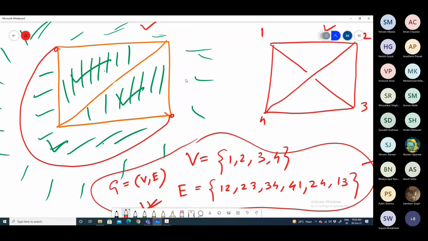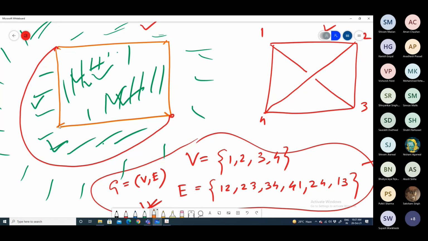Now you can delete any one of the edges. See, if you remove, for example, this edge, then you are combining this region with this region. So now faces will be one less. Similarly, if you delete this edge, then again the number of faces will be 3, because you are combining this region with this region.